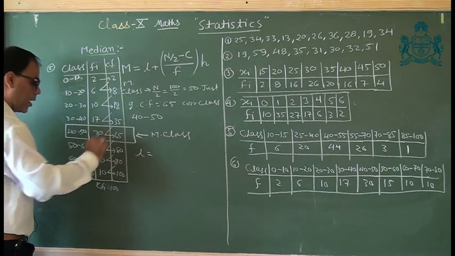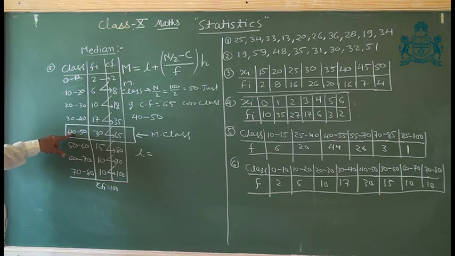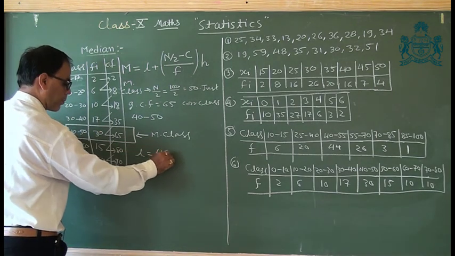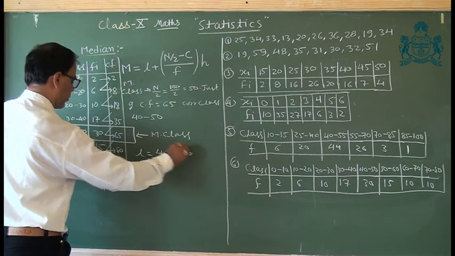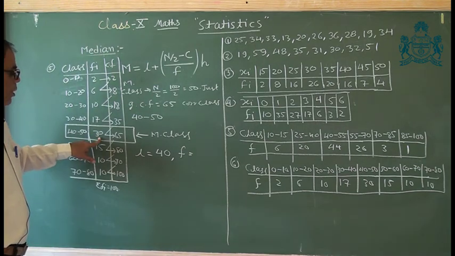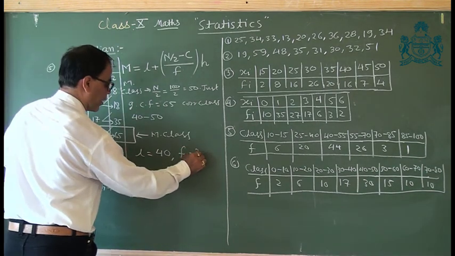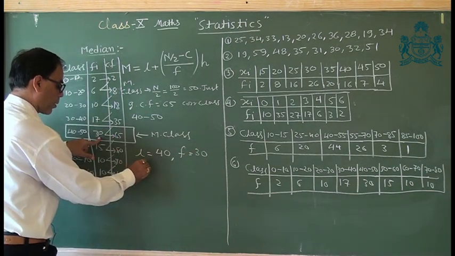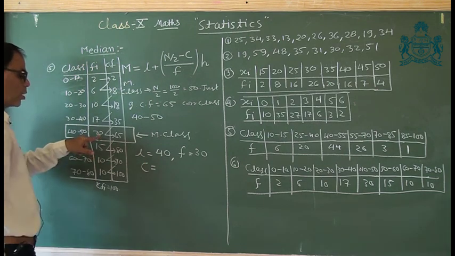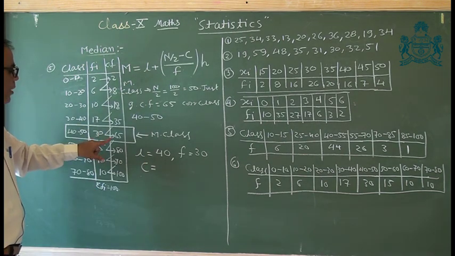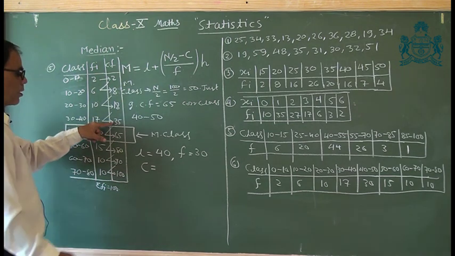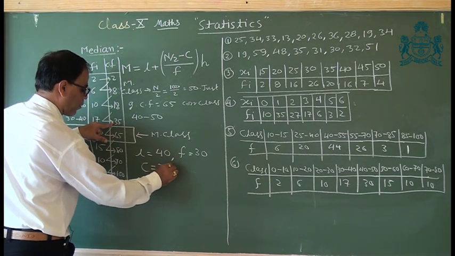L, the lower limit of the median class, is 40. F, frequency of the median class, is 30. C, the cumulative frequency just before the median class, is 35.